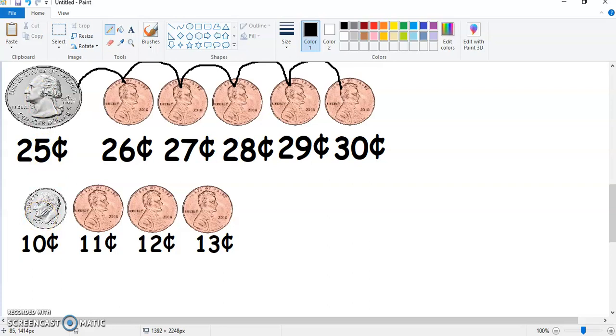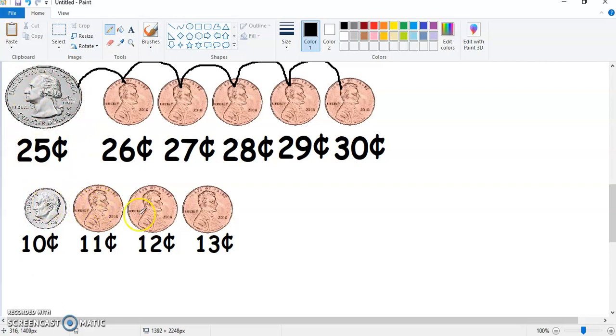Now, let's say that we have 1 dime and 3 pennies. When we're looking at a quarter, we start with 25. But when we're looking at a dime, we start with 10. Remember, the dime is the little one, the quarter is the big one. 10 cents, 25 cents. And when we see pennies, that means we're adding 1 more.